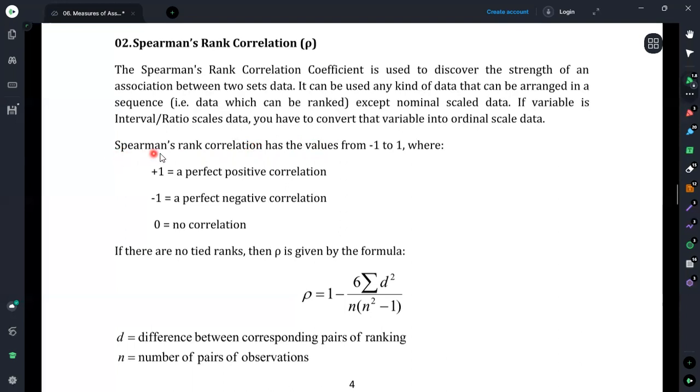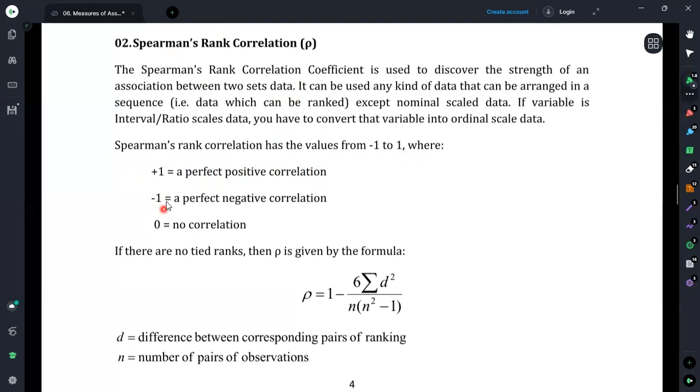Spearman's rank correlation generally lies between -1 and +1, so we always get a value between -1 and +1. If we are getting +1 as our answer, then we can say that there is a perfect positive correlation between two variables.